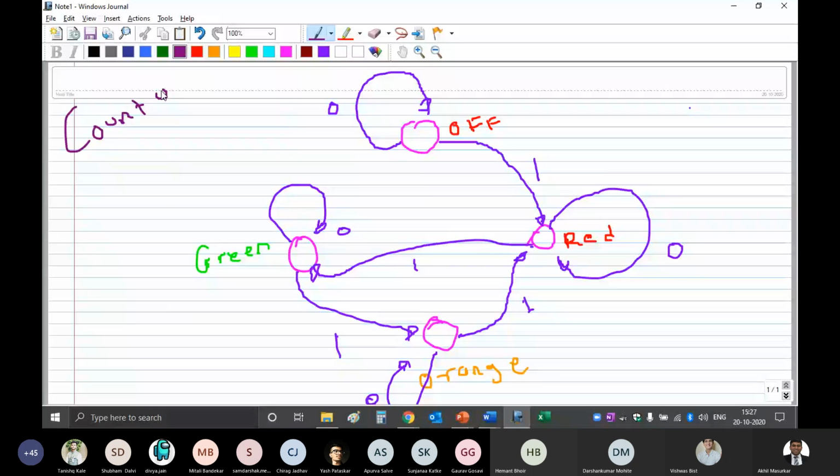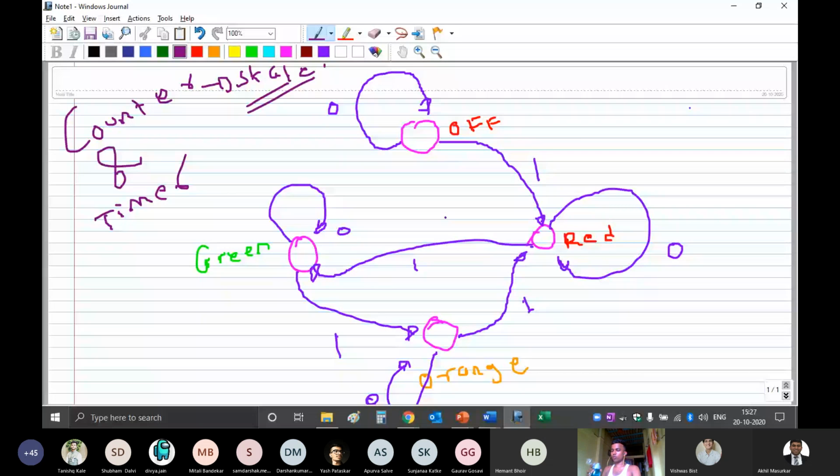A counter counts states. A counter can count states. So this is like a mod 4 counter which can count 4 states. But a timer will time the operation between the two states.